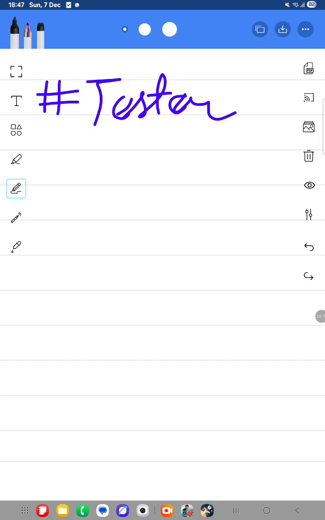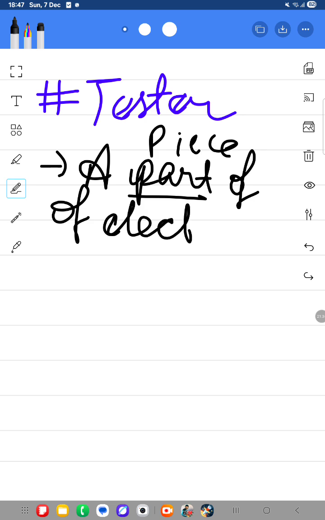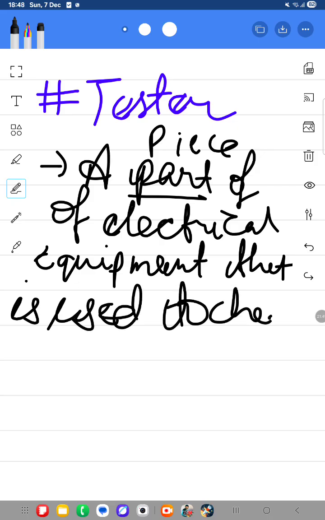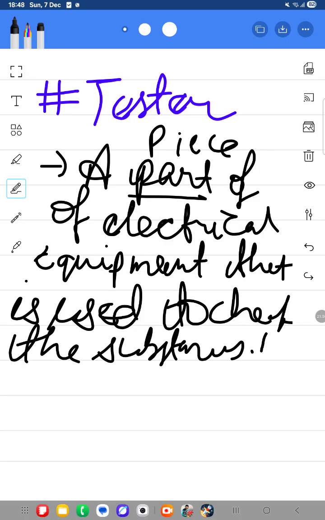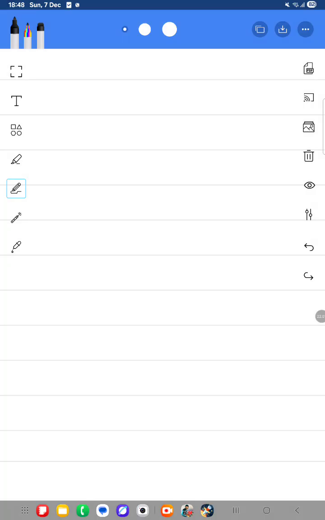What is a tester? A tester is just a piece of electrical equipment that is used to check whether a substance conducts electricity.